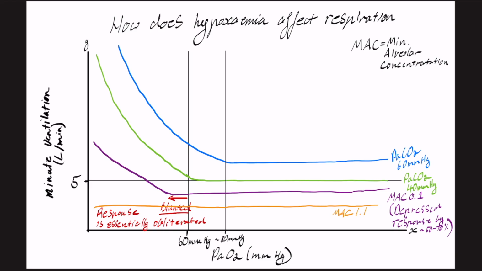And if they have even a small amount of a 0.1 MAC lingering around, then they potentially will have a respiratory depression or depressed response to hypoxemia and hypercapnia, meaning that their ventilatory drive is a lot less. So they'll need appropriate monitoring and likely supplemental oxygen to prevent hypoxemia while they're in the recovery area.